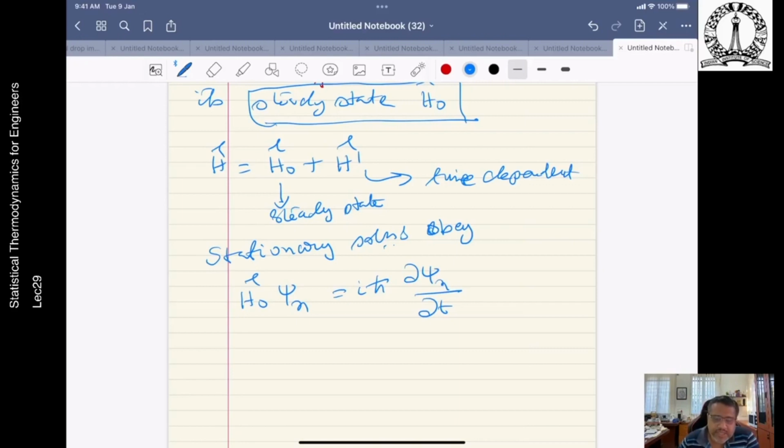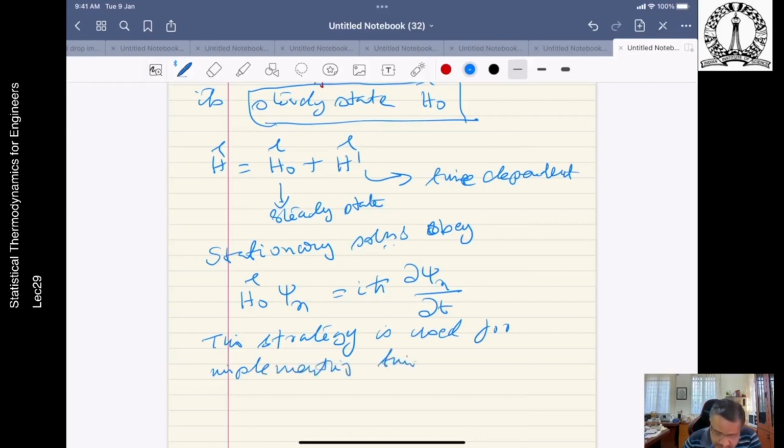So this is the same strategy, the essential tactic, that is used for implementing the time dependent perturbation theory.